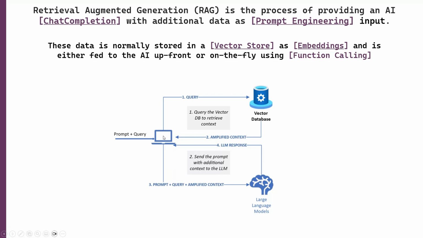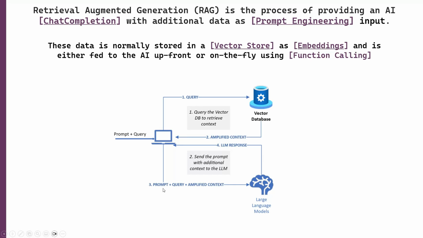So if we were to have some financial data and we ask what are the numbers for 2024, it will give us back, among all the data we have in the vector database, all the things that it thinks are related to the 2024 financial data. So that is what's called amplified context here. And we take that and paste it onto the prompt.